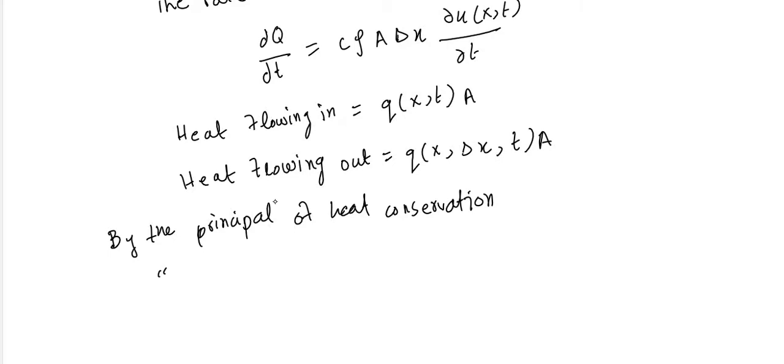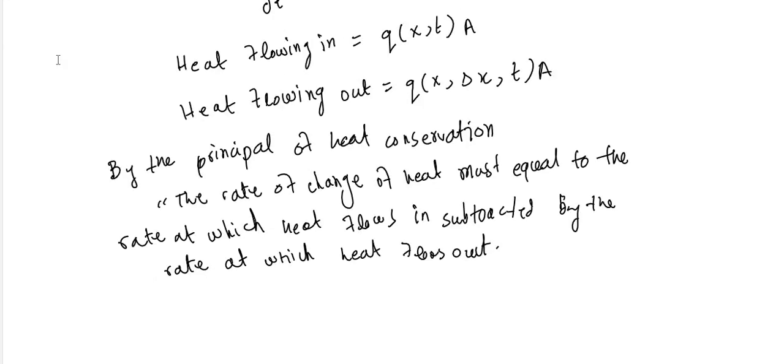The rate of change must equal the rate at which heat is flowing in subtracted by the rate at which heat flows out. This is the rule. So here you can see the principle of heat conservation says that the heat within a rod is always the heat in subtracted by heat out.